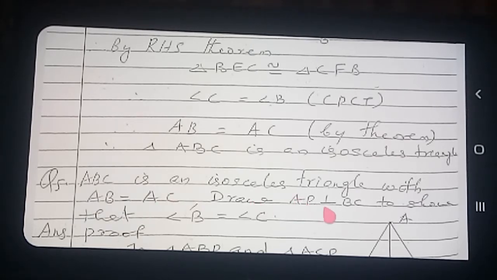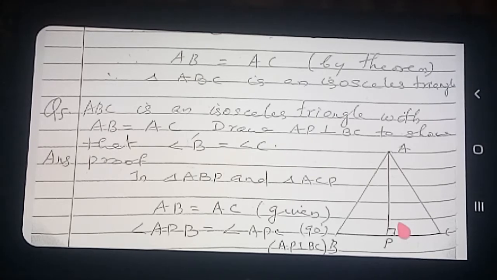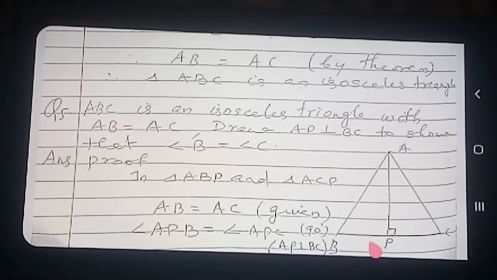Draw AP perpendicular to BC to show that angle B equals angle C. Which sides are equal given here? AB and AC are equal. Draw AP perpendicular to BC. Show that angle B and angle C are equal. You try this type of riders yourself, so that you will get the practice.